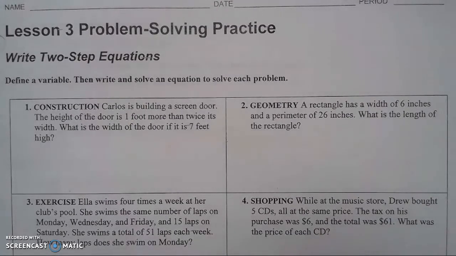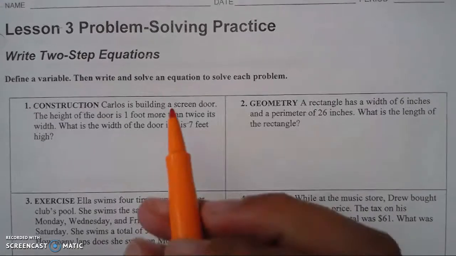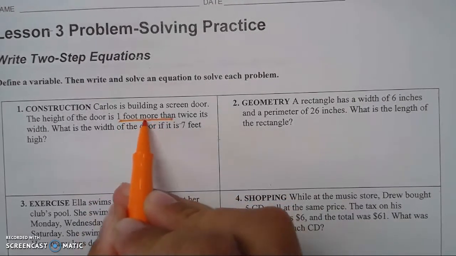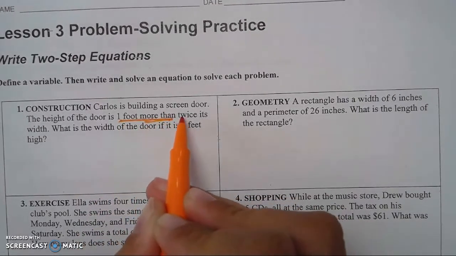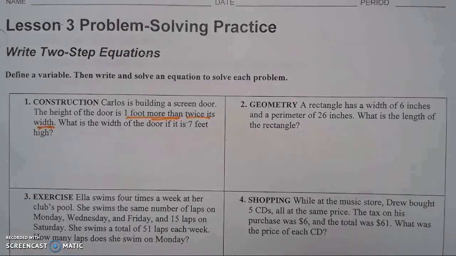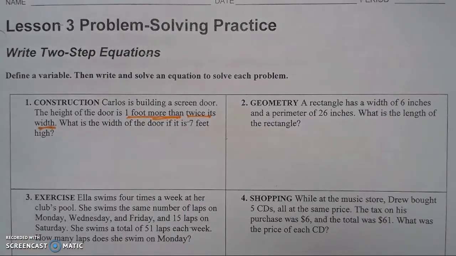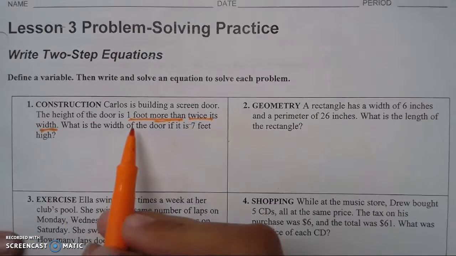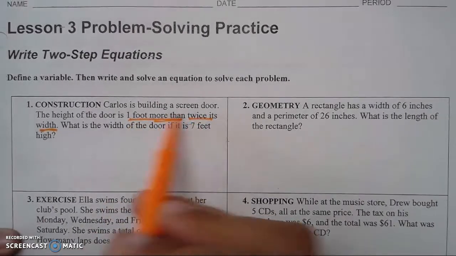So the first one, Carlos is building a screen door. The height of the door is 1 foot more than, there's that word more than again, twice its width. What is the width of the door if it is 7 feet high? So we are translating this, that's why we just worked on translating. We are translating this into a two-step equation and then solving it. So 1 foot more than twice its width.